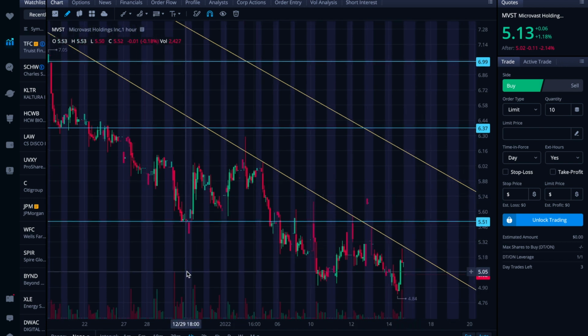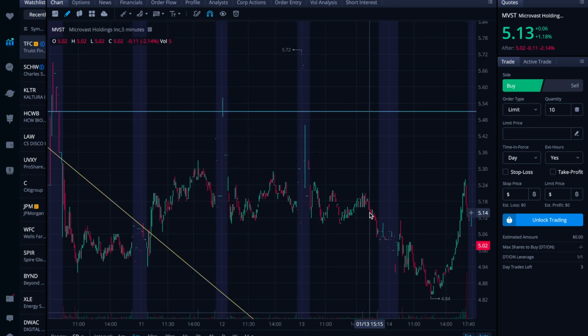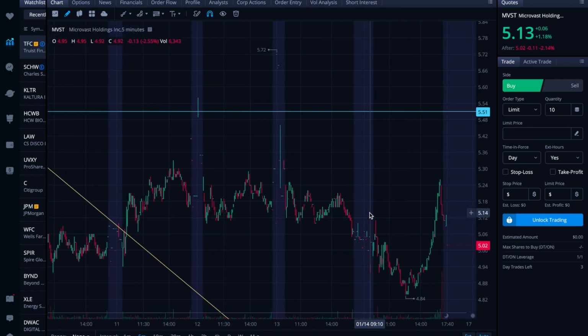But otherwise, it's pretty challenging in terms of identifying any true signs of reversal here. It's going to need to show some really solid strength, which it did toward the end of the day on the last trading day, but you know how that can go.